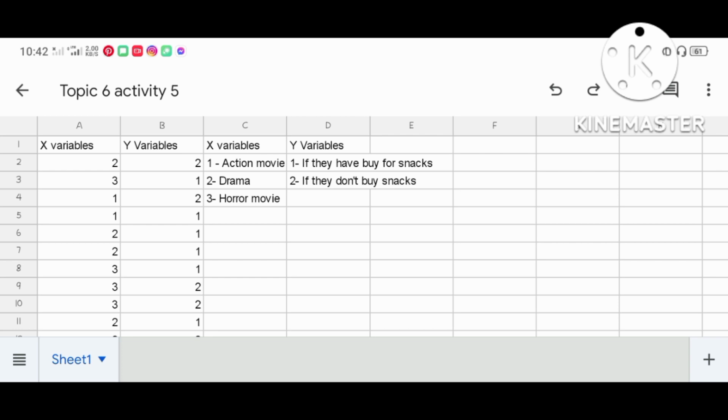For the Y variable, we have the code: number 1 if they buy snacks, and number 2 if they don't buy snacks. We have a total of 100 respondents to be calculated.